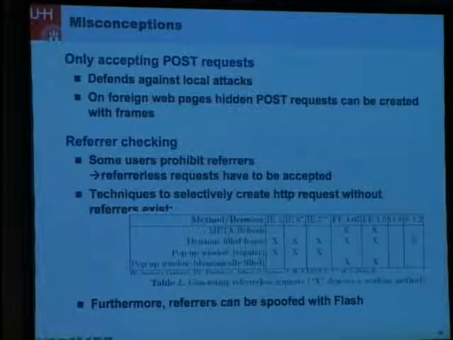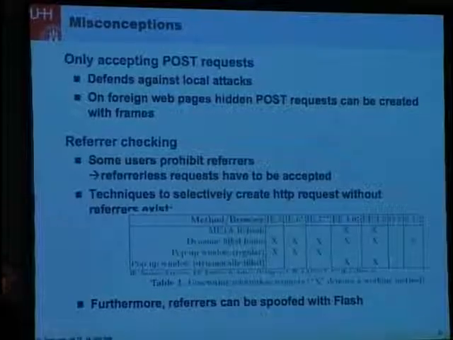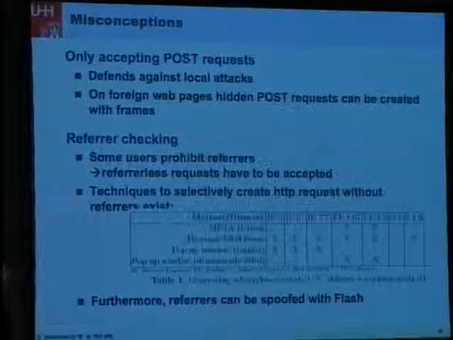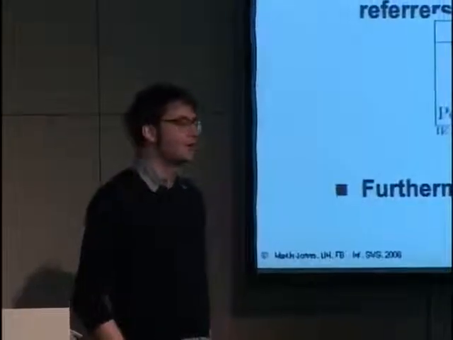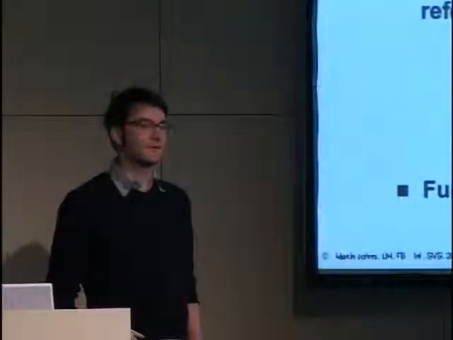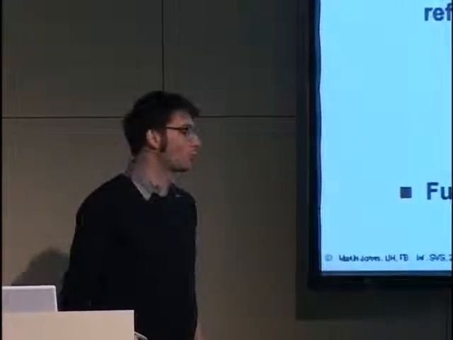And for this reason, if you do a large-scale web application, not something in your corporation, then you maybe can rely on referrers. But if you do something like YouTube or something big that you want everybody in the world to use, then you have to accept requests that don't contain any referrer information. Because about 1/4 of the requests don't have one.